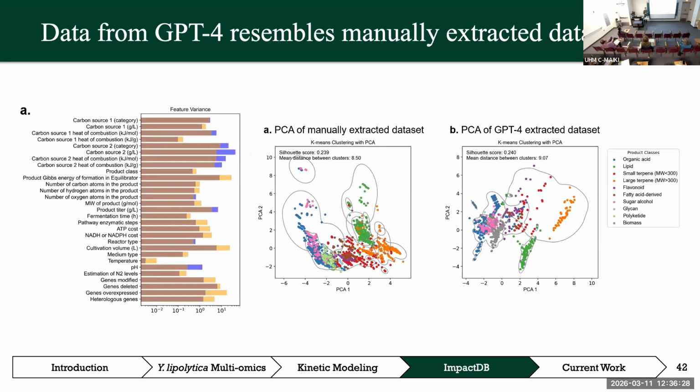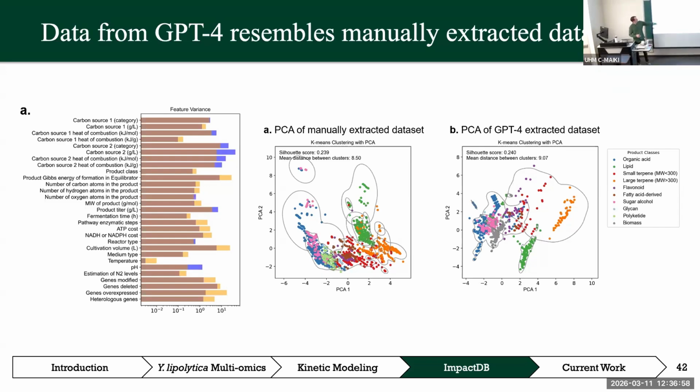We had 100 papers that were read by people and 100 papers that were read by the AI. Importantly, those are two separate sets of papers. So it's not a perfect experiment, but it was good for increasing the size of the database. And we see that the feature variance is roughly the same between the two methods. So we take that as a good sign.